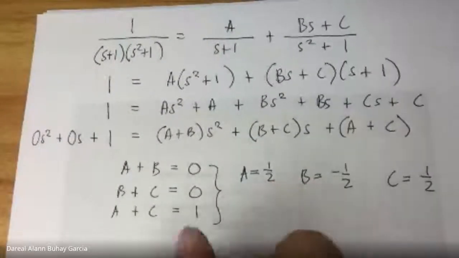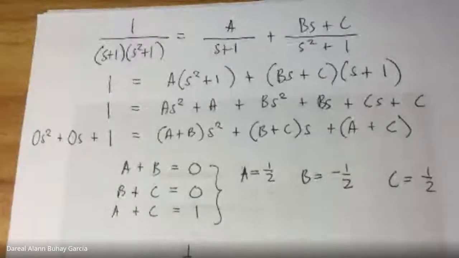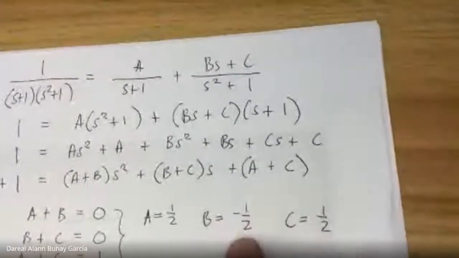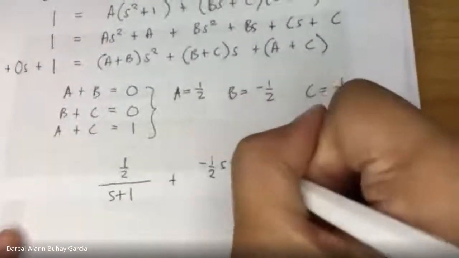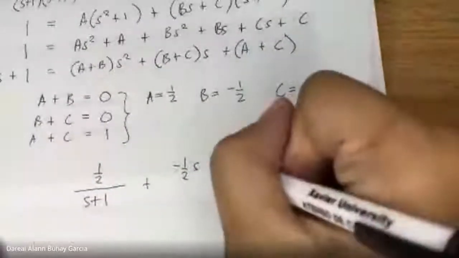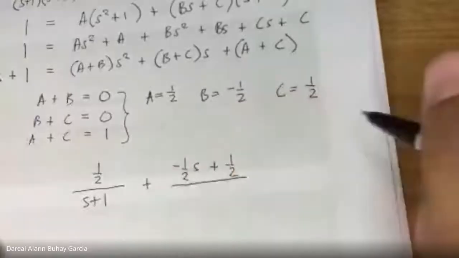A is 1/2, so 1/2 times 1 over s plus 1, plus negative 1/2 s plus 1/2 over s squared plus 1.